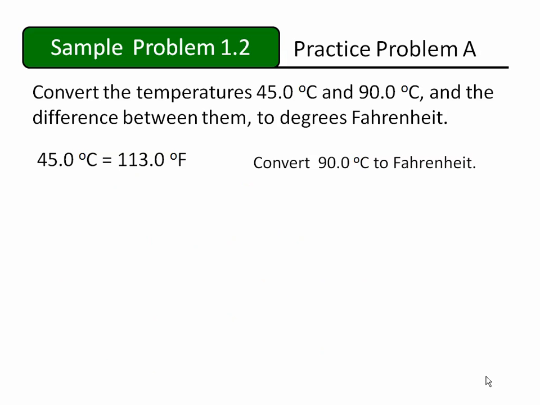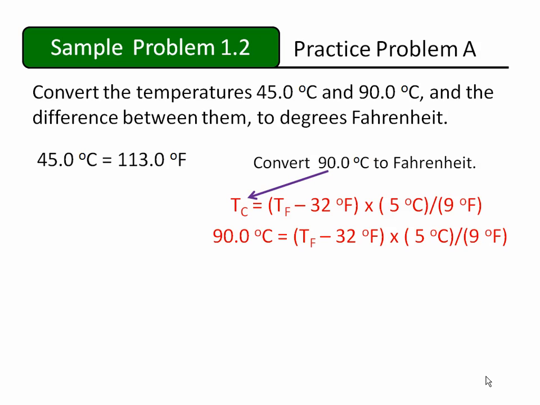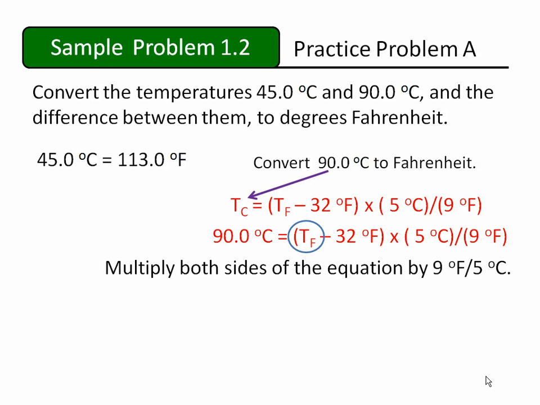We'll use the same process to convert 90 degrees Celsius to Fahrenheit. We'll use the same equation and we'll substitute 90 degrees Celsius in for Tc, then mathematically isolate Tf. We can work through the fractions again first by multiplying both sides of the equation by 9 degrees Fahrenheit over 5 degrees Celsius.